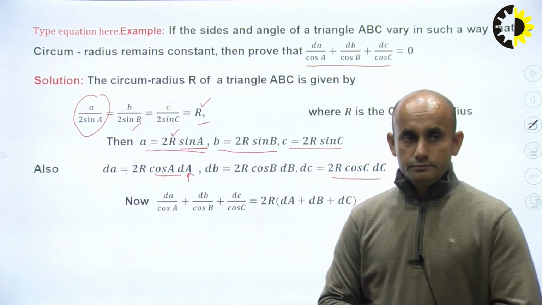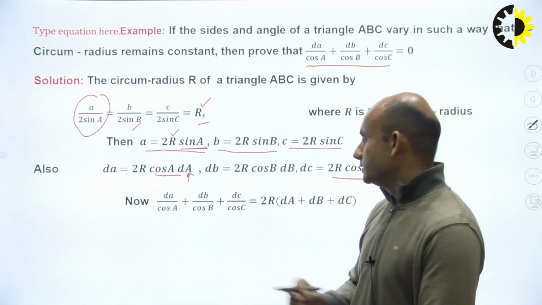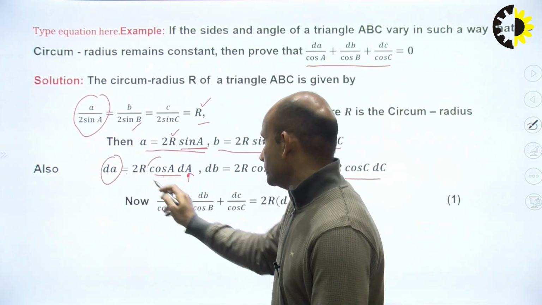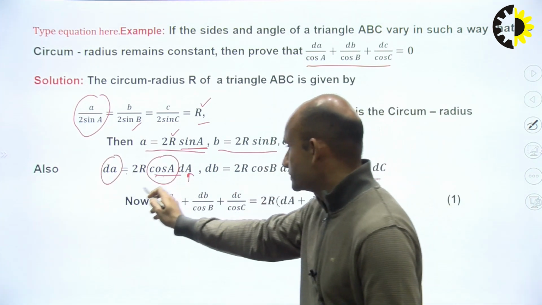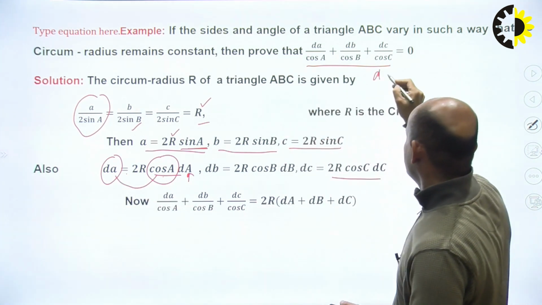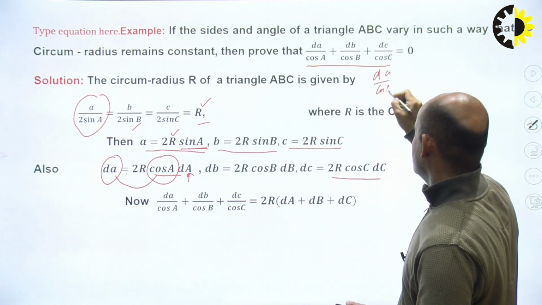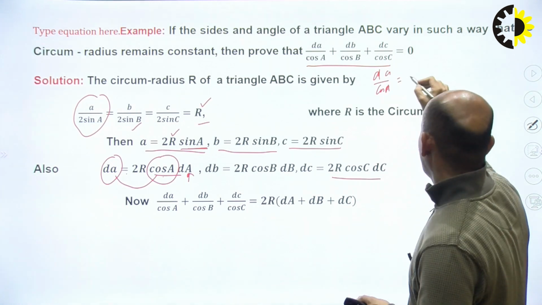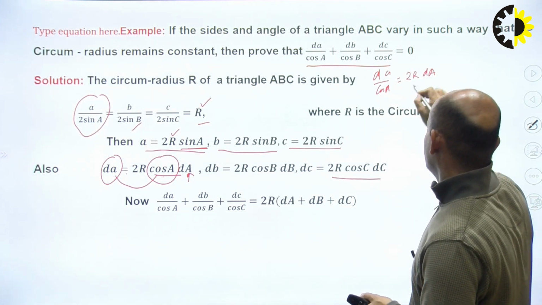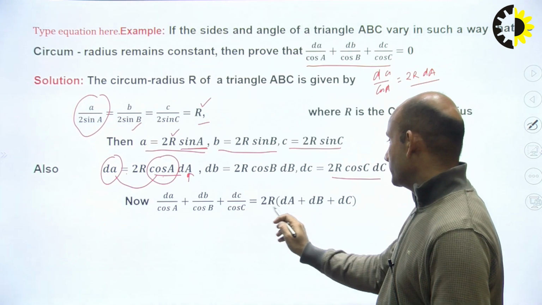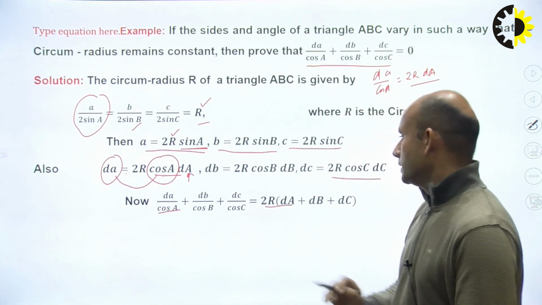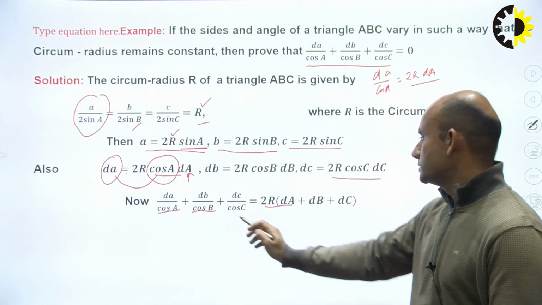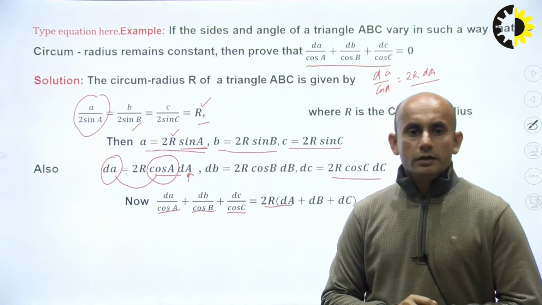So if we take cos A to this side, we get da upon cos A equals 2R dA, and this term is 2R dB, and this term is 2R dC.